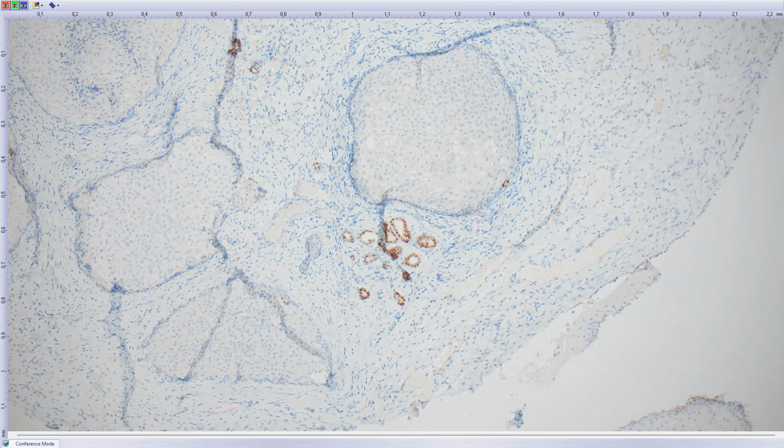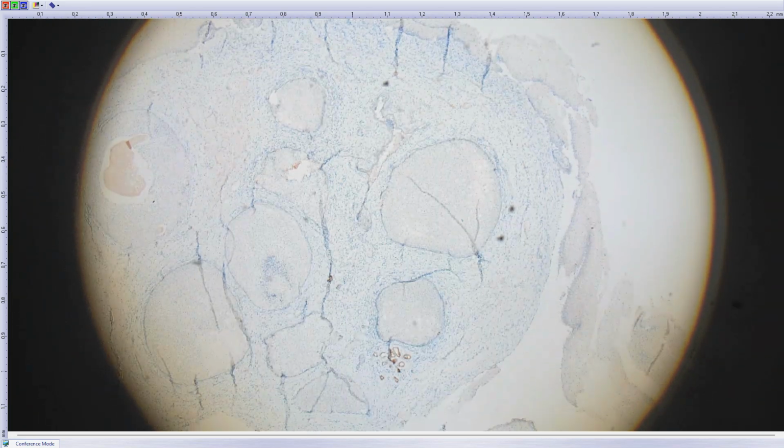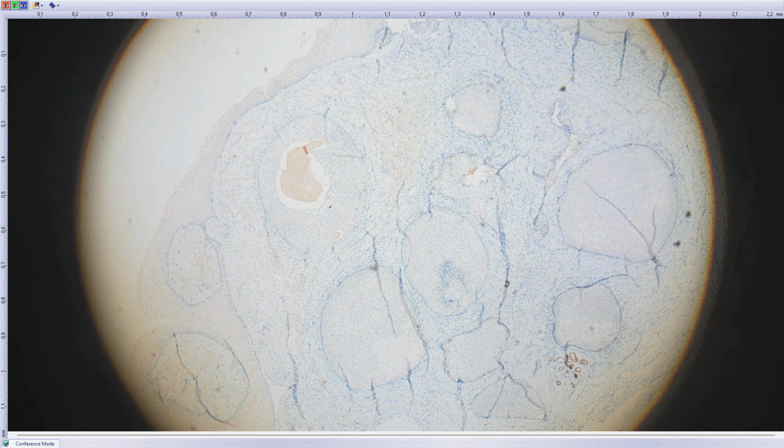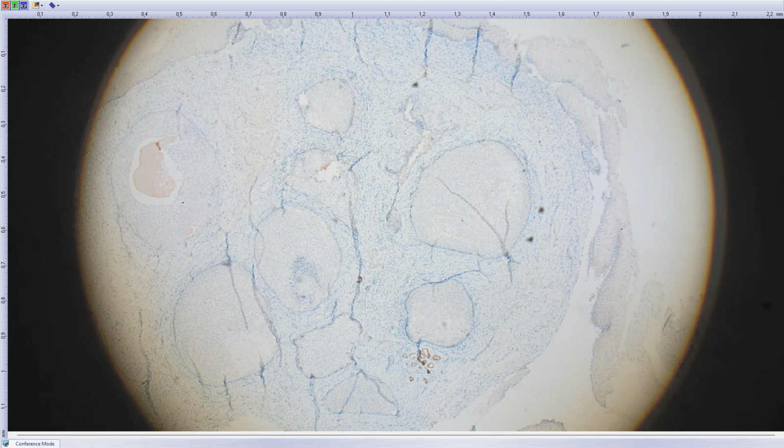PSA would be also positive in most cases, so these seem to be basically prostatic glands, and there is an analog of prostatic glands in the female genital tract, at least in some ladies, called Skene glands. They are typically around the external orifice of the urethra, but there might be the possibility that they are ectopic and can be also in the cervix or other portions of vagina.